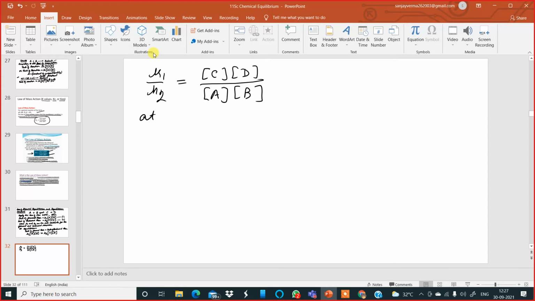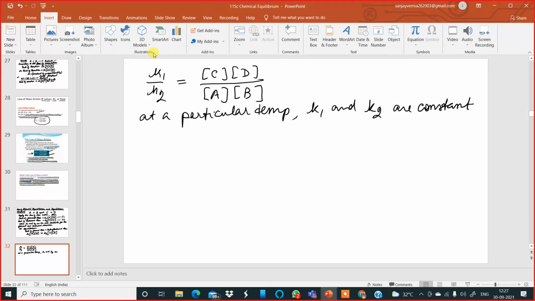So at a particular temperature, k1 and k2 are constants. They do not change. So therefore, I can say k1 divided by k2 is also a constant, and this constant is denoted by capital K.